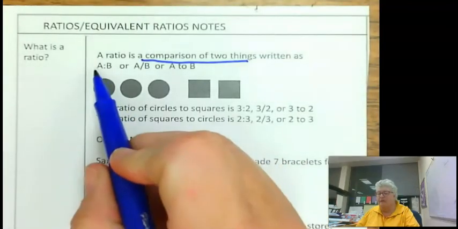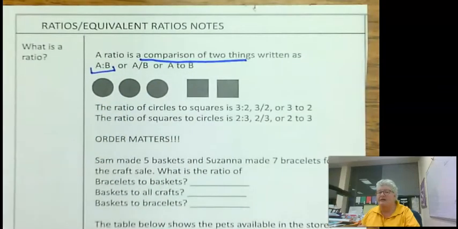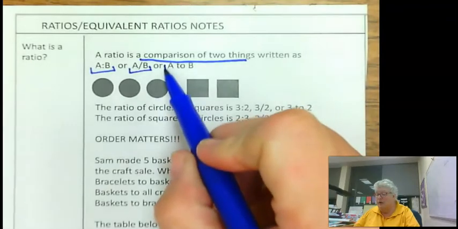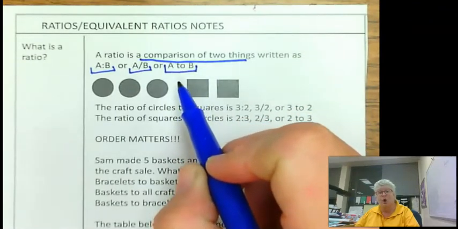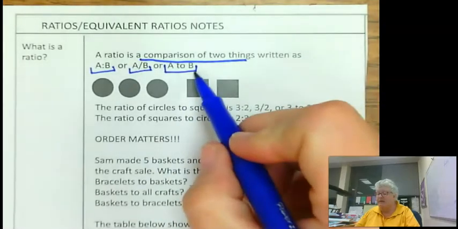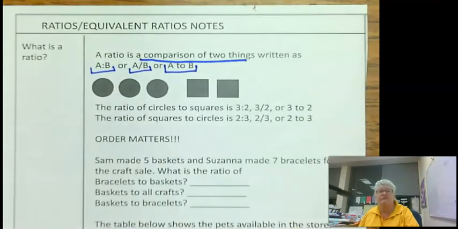You can write it this way, A colon B, and we say it out loud, A to B. Or you can write it like a fraction, and we would still read it A to B. Or you can write it A 2 with the word to, T-O, B. Keep in mind that these variables are just there in place of numbers. Eventually you're going to have numbers. So 3 to 1, 2 to 7, 4 to 8, whatever.